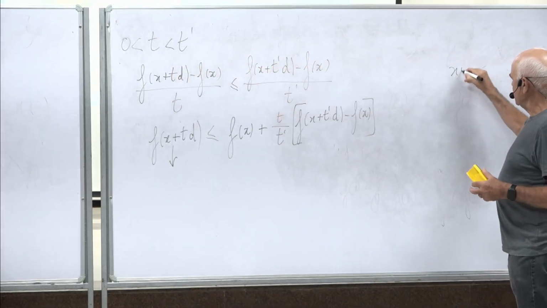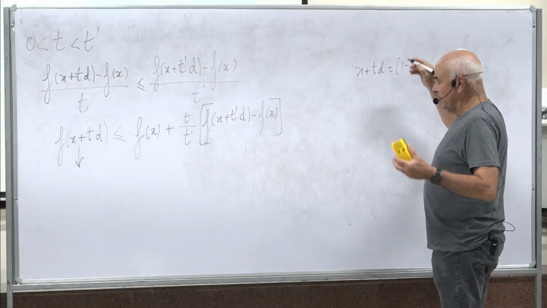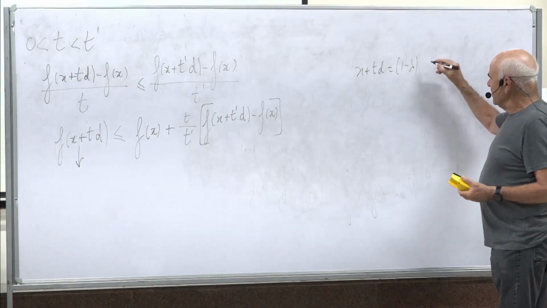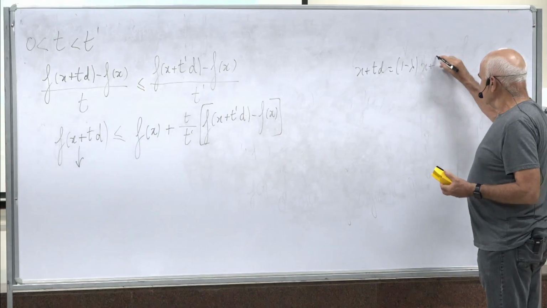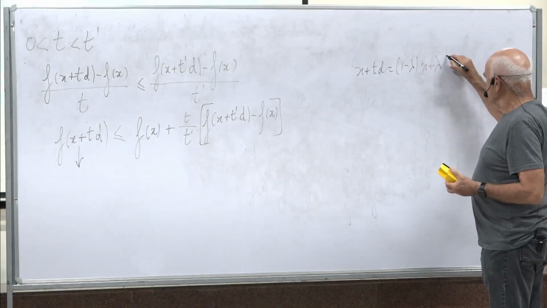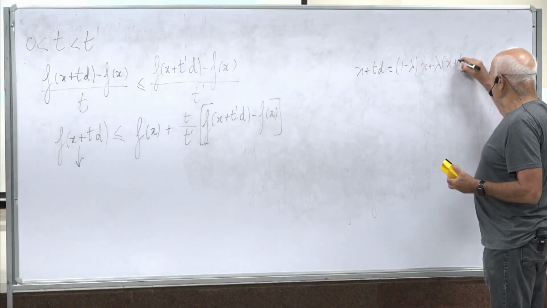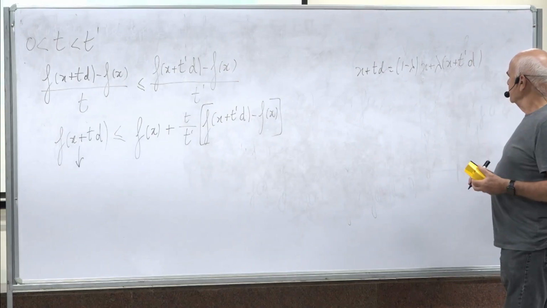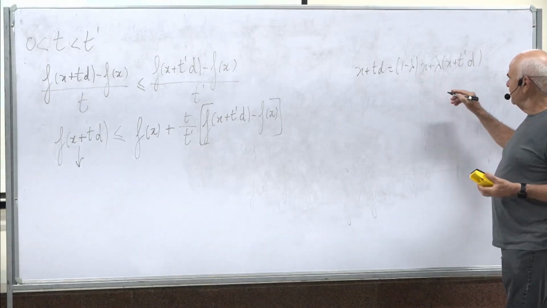So x plus td is 1 minus lambda times x plus lambda times x plus t prime d, for some lambda which I will compute now. What is the lambda? We have to solve this equation for lambda.